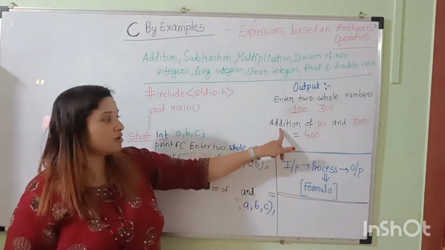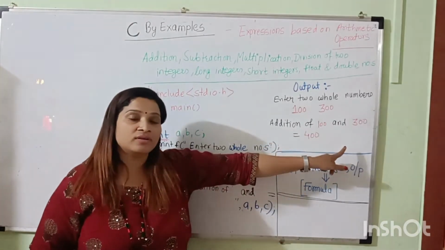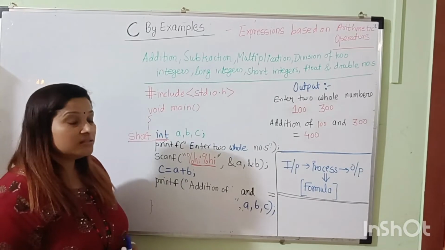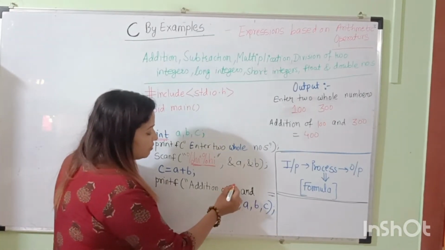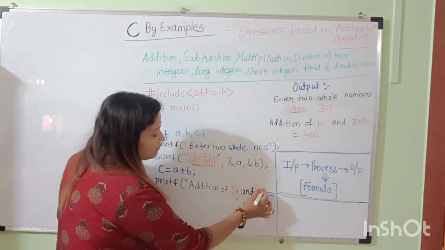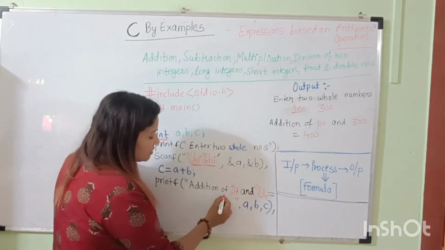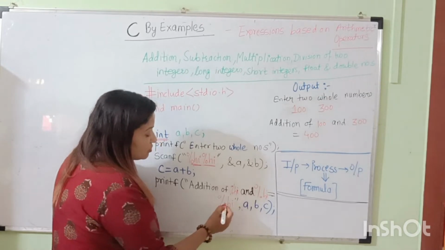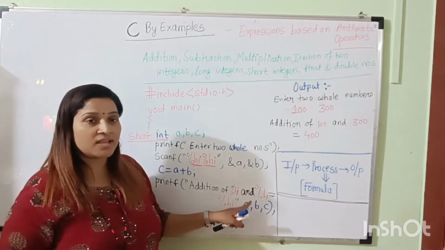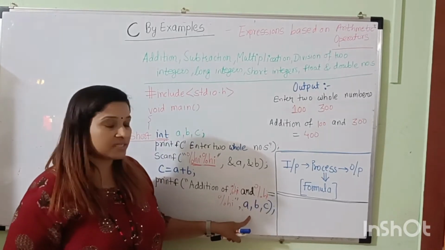Now the output is addition of 100 and 300. These 100 and 300 again are short integers, so we have to write %hi for them. %hi plus %hi is equal to %hi. This is the correct way to write it. So printf addition of %hi and %hi is equal to %hi.